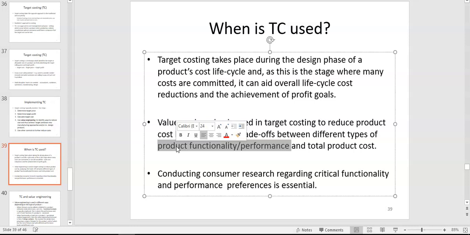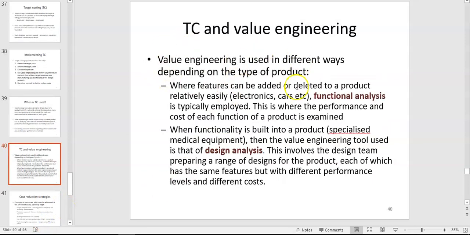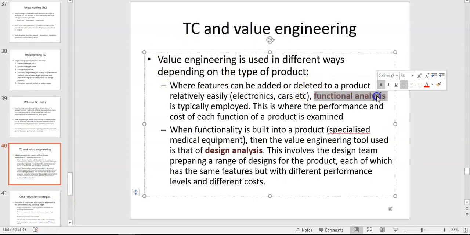Right? But it's part of the overall packaging because you're going to need consumer research around what is the critical functionality a car has to do that they want as a baseline, and then preferences, which leads to your, of course, menu-based pricing. Right? So that's what we're talking about there, is looking at functional analysis. So what are the things that can be easily added or deleted from electronics? If you're selling a new TV, what's mandatory? Or a new laptop?